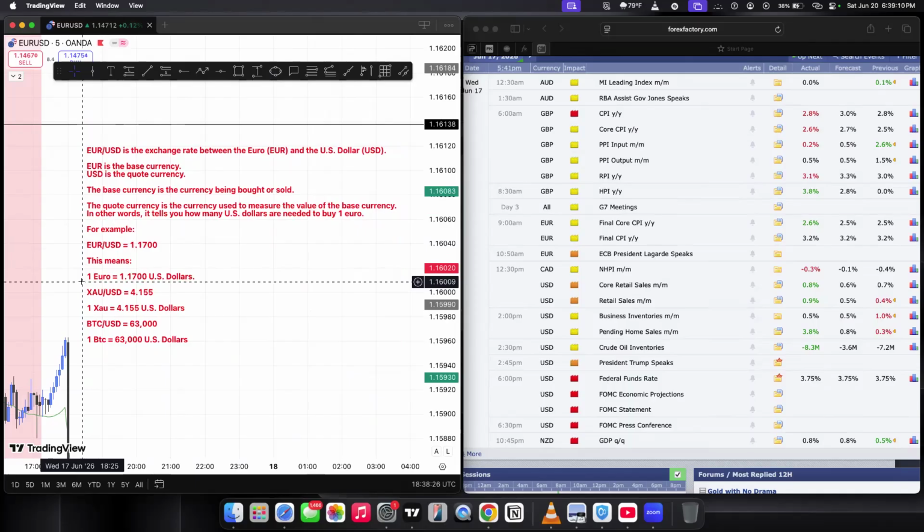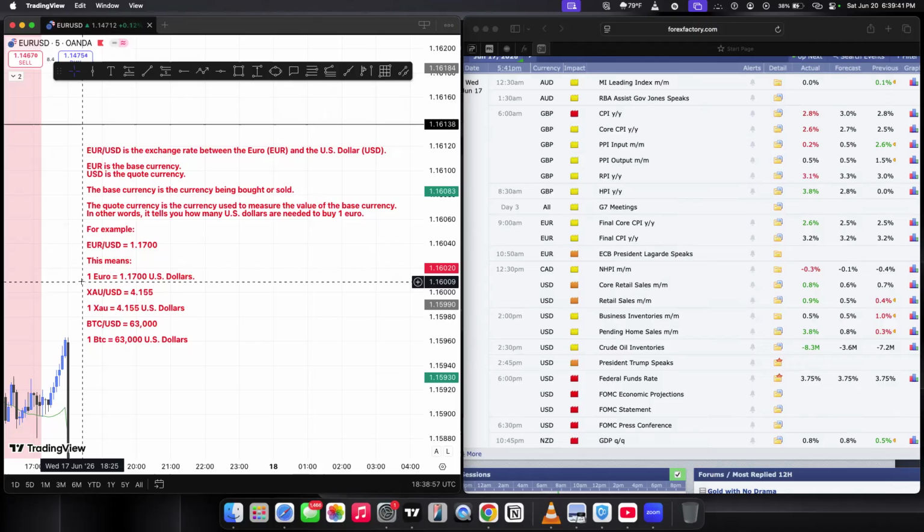And when we have XAU USD at 4.155, that means that 1 XAU is 4.155 US dollars. So Bitcoin is the one that will give you the most understanding. So right now, if BTC USD is at 63,000, that means 1 BTC is 63,000 US dollars. So now, I guess you've captured it very well.